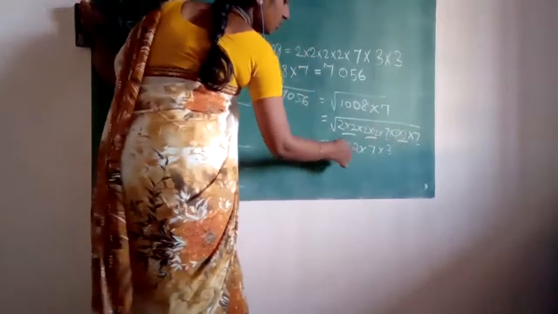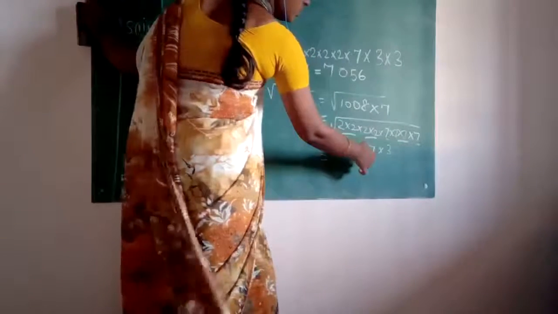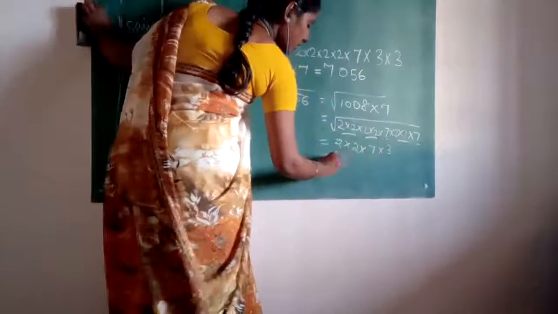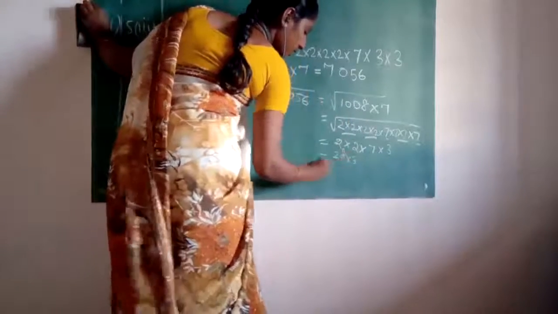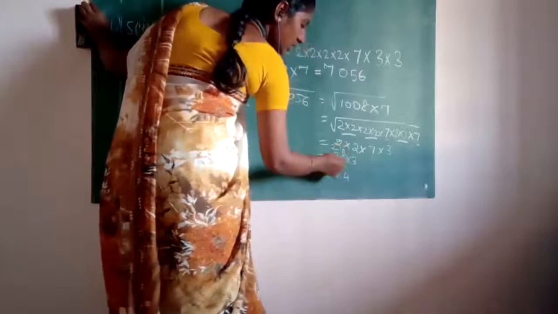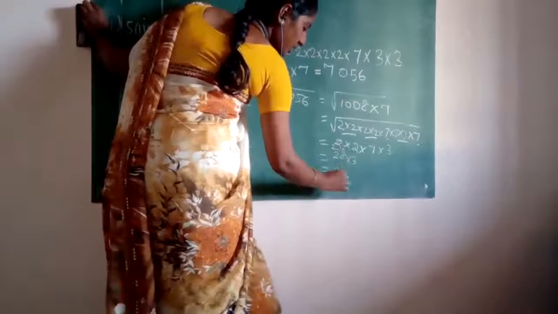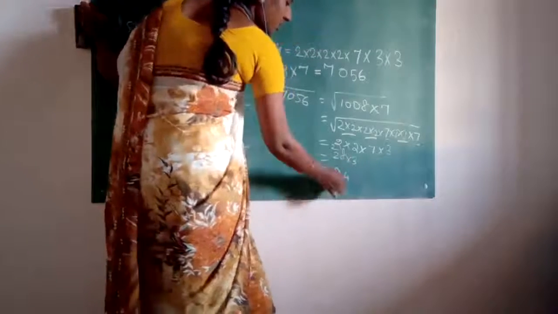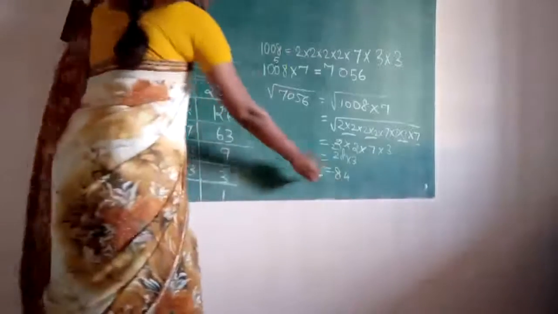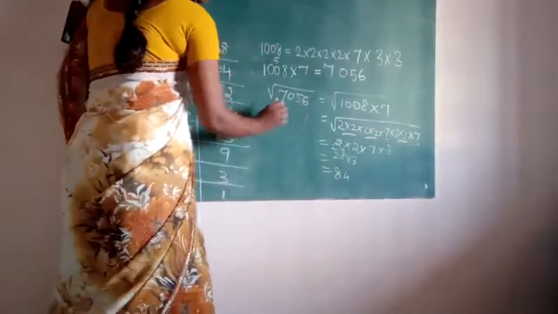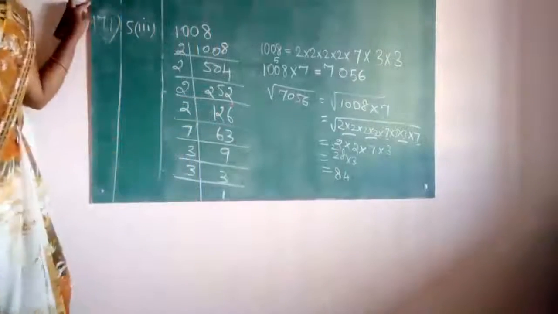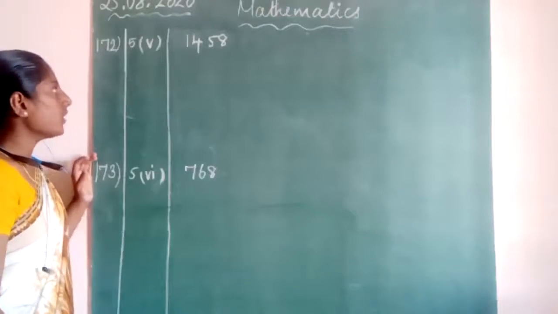So that is 2 2s are 4, 4 7s are 28 and 28 3s are how much? 28 into 3, that is 8 3s are 24, 3 2s are 6, 6 plus 2 is 8. Okay, so 84 is the square root of 7056. Is it clear? Next question is 1458.